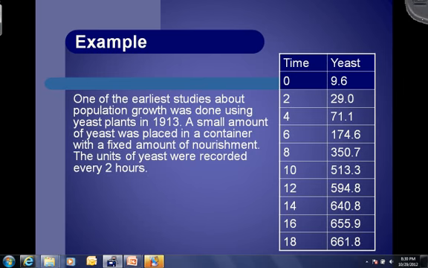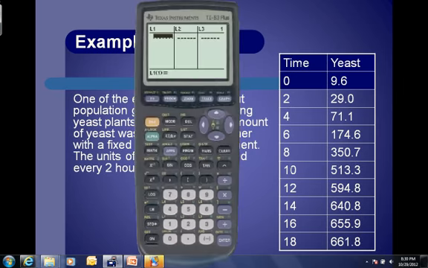So if we enter this in our calculator, we are going to have 0, 2, 4, 6, 8, 10, 12, 14, 16, and 18. In the y values, 9.6, 655.9, 661.8.